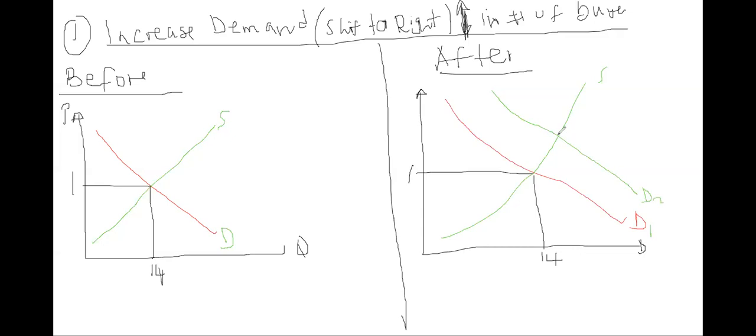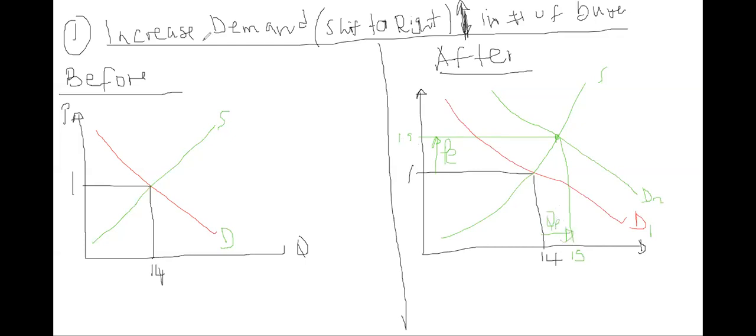So let's say the price here is what? 1.5, because the demand will force the price up. Then the new equilibrium quantity, let's say it's 15. So you will see that if demand increases, it will increase the equilibrium price, and it will also increase what? The equilibrium quantity.